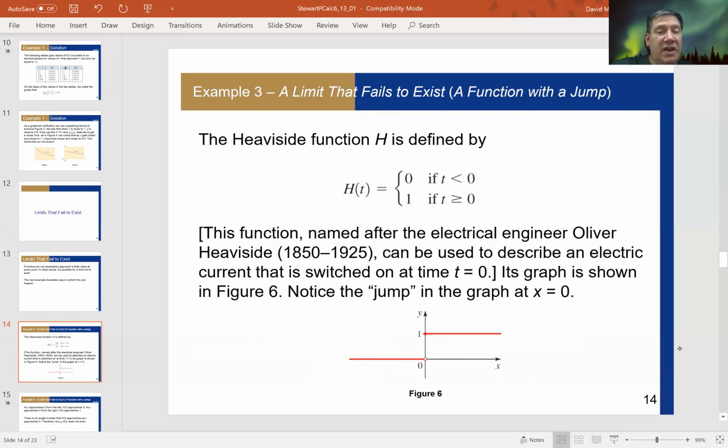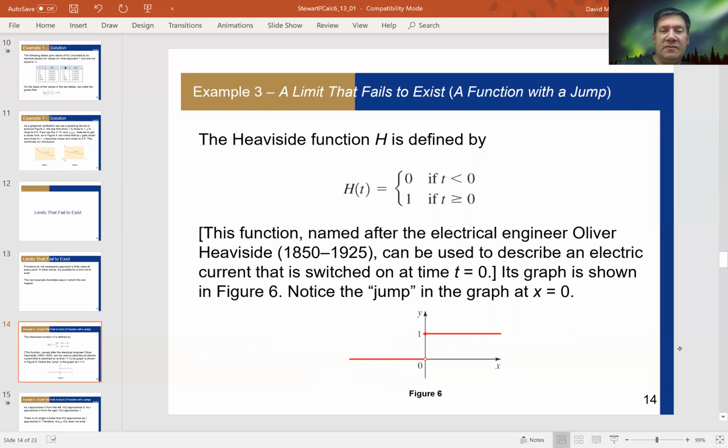Engineer Oliver Heaviside can be used to describe the electrical current at a switch. Okay, so if the switch is turned off, the electrical current is 0. Flip the switch, complete the circuit, the electricity goes through at 100%. There's a jump in the graph. Okay, so if you remember the phrase, this is called a piecewise function.